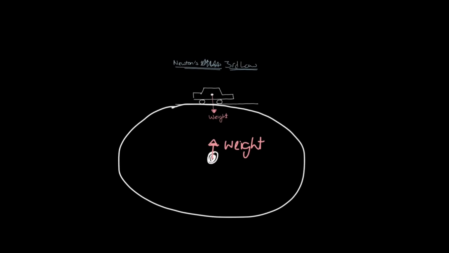So if a force of weight is going to be exerted on this car, there has to be another object exerting that force, and that force in this case is the earth. But it also means that this object exerts a force on this object as well. So the earth is exerting the force of weight on the car, and the car is exerting the force of weight on the earth.